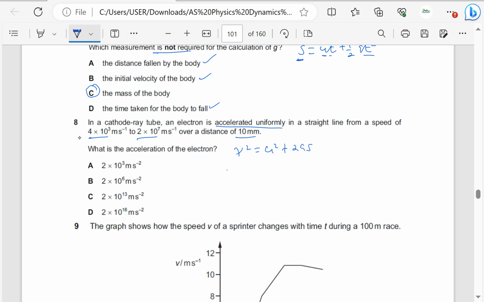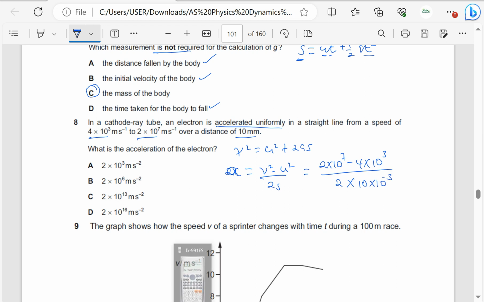I want to find the acceleration, so acceleration is going to be v squared minus u squared over 2s. So this is going to be 2 times 10 power 7 minus 4 times 10 power 3, divided by 2 times s, which is 10 times 10 power minus 3 to change it to meters.